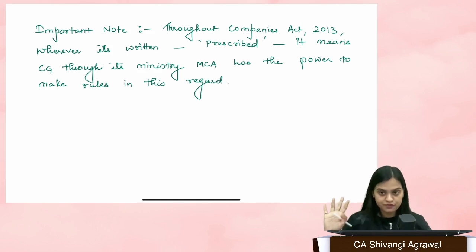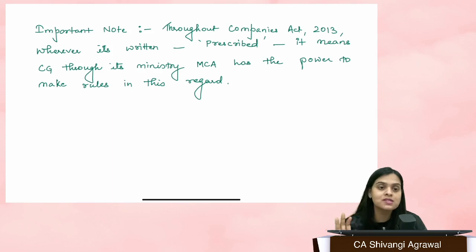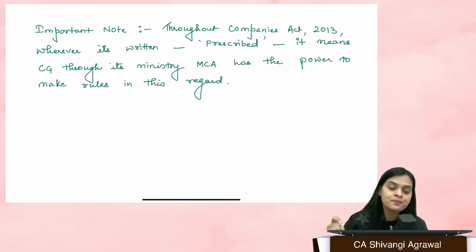Actually, the power is conferred in a different section, but wherever it's written prescribed, that means rules may be made. And of course, if the central government has made those rules, we have to read that rule also.